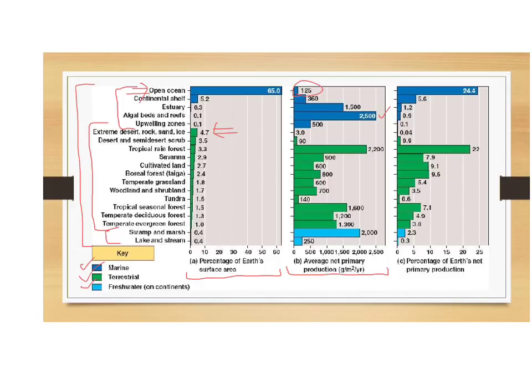When we move down here, at a close second, to our terrestrial ecosystems, we're talking tropical rainforest as our most productive. And there it is right there, so I'm following it across. Tropical rainforests are the most productive of our terrestrial biomes at 2,200 grams per meter squared per year.